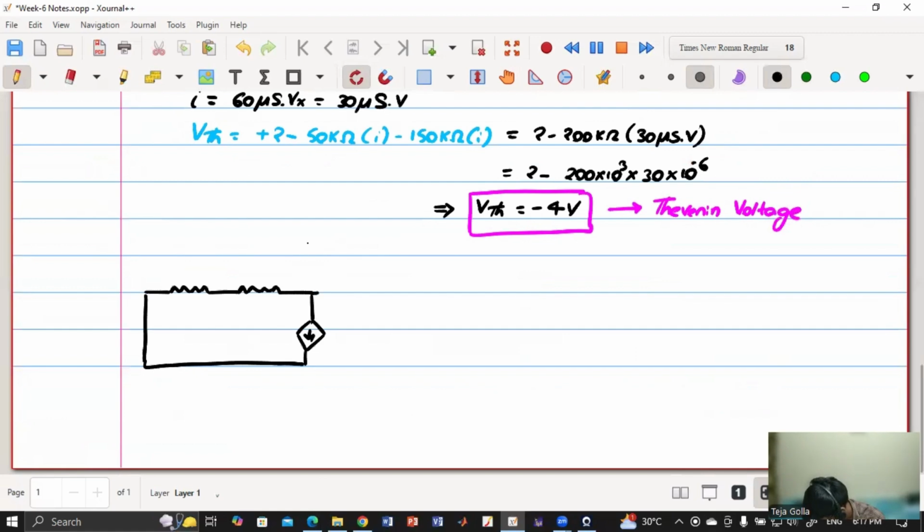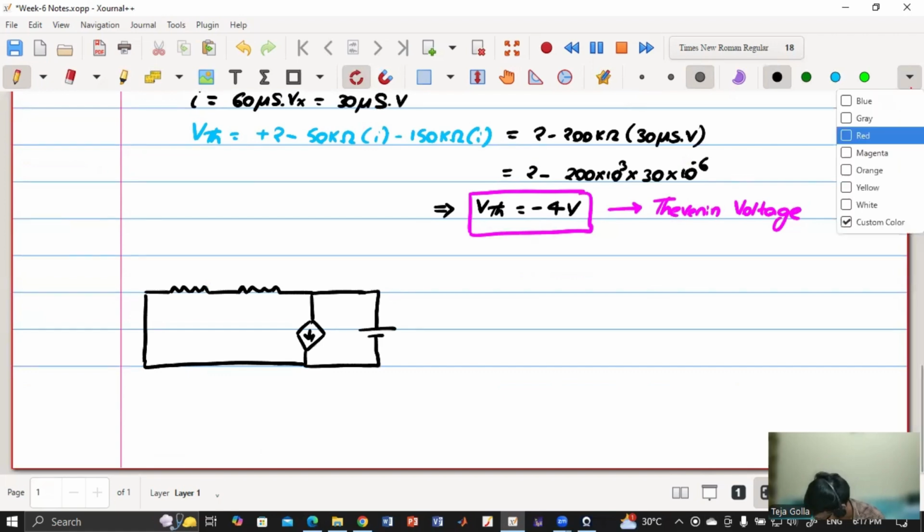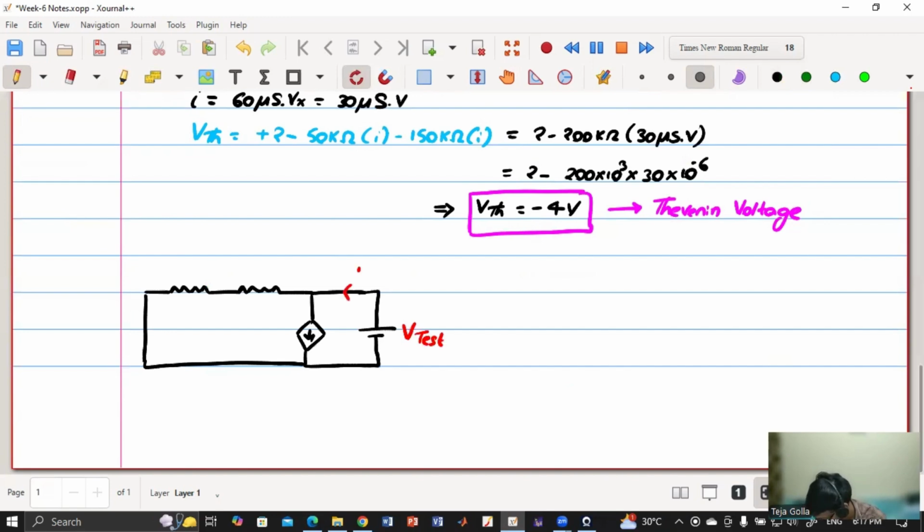Then I have to find the voltage across it. So I'll consider one voltage source and call this V test. If it is generating I test, then my RTH will be V test by I test, because the voltage by the current it is applying will give my R Thevenin.